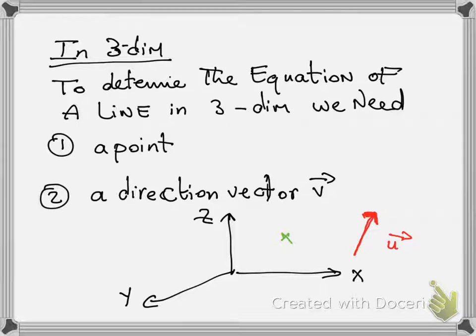So in this case, my line would be the line which passes through this point and is parallel to the direction of the vector u. That will be this line here.